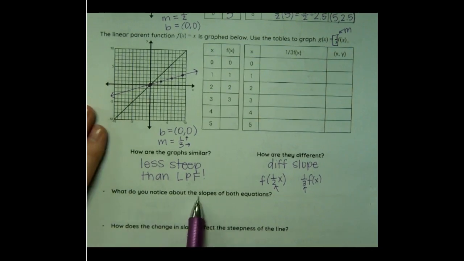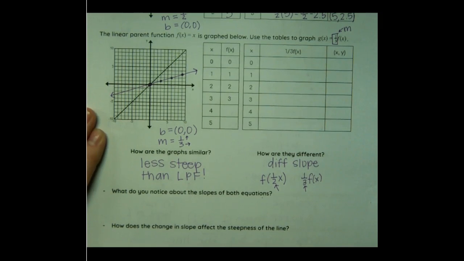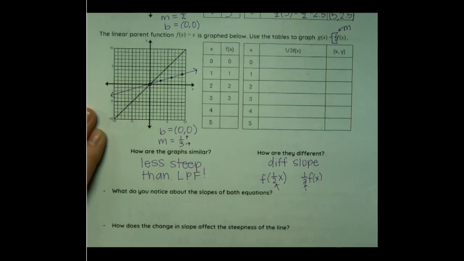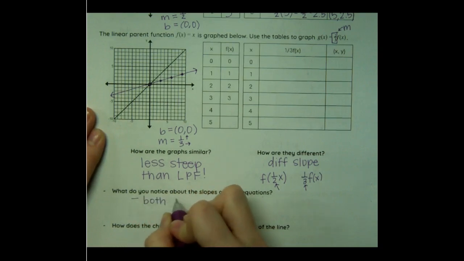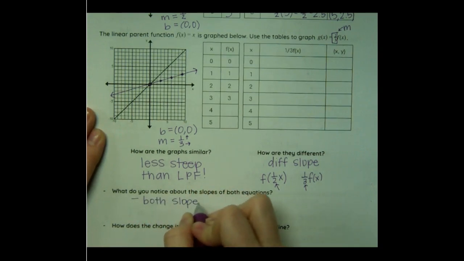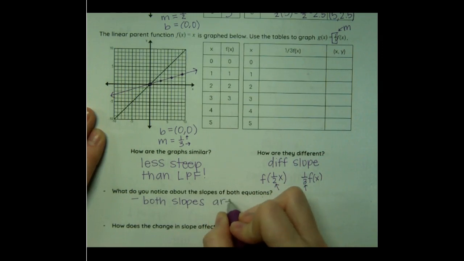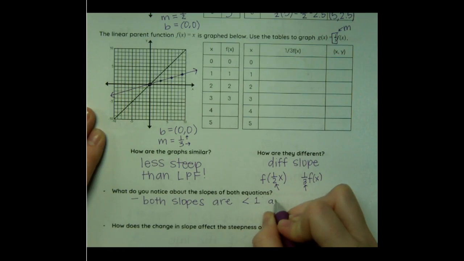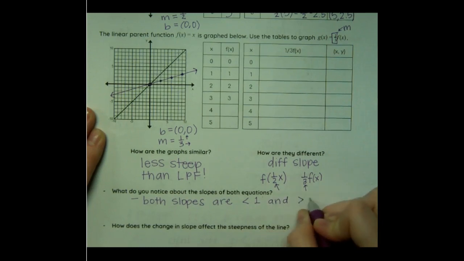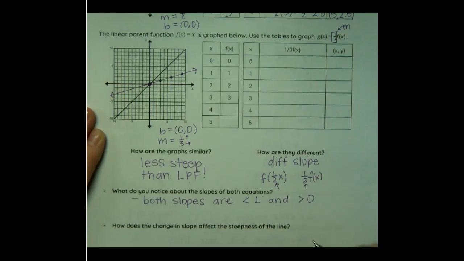What do you notice about the slopes of both equations? I know a lot of people want to say a fraction. Yes, you're right. They are both fractions. But it's more specific than that. So we're going to say both slopes are less than 1 and greater than 0.